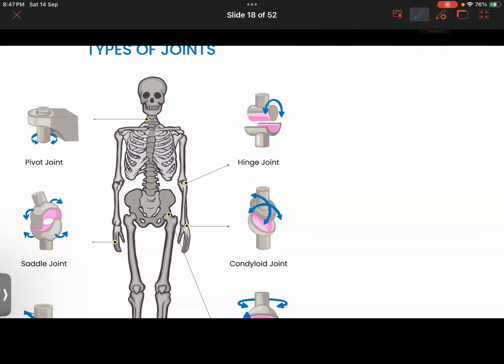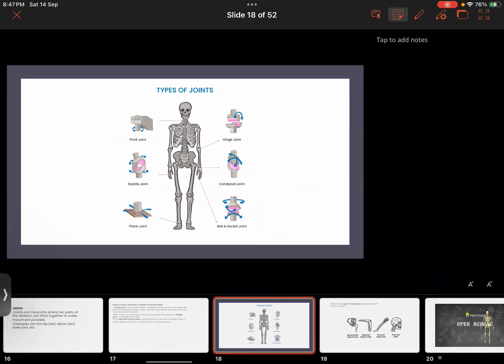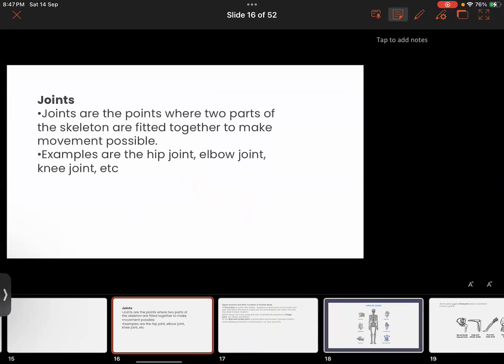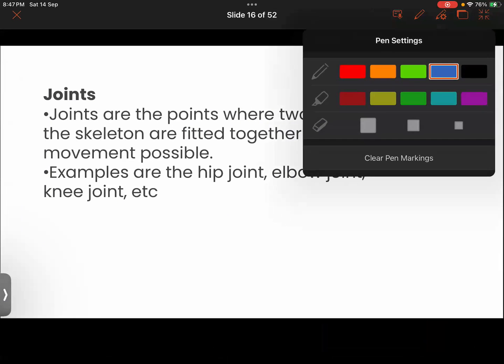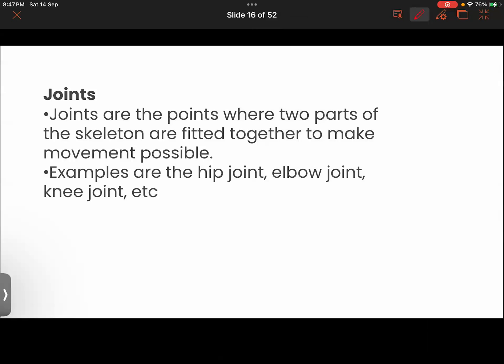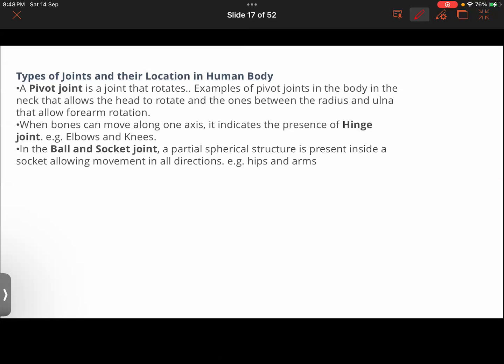Since there isn't any joint there, movement will not be possible. So movement in our body is possible only at those places where joints are present. Some examples of joints are the hip joint, elbow joint, knee joint, etc. There are many more which we'll be learning. Hope this much is clear.